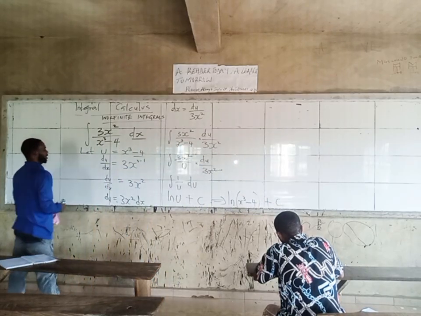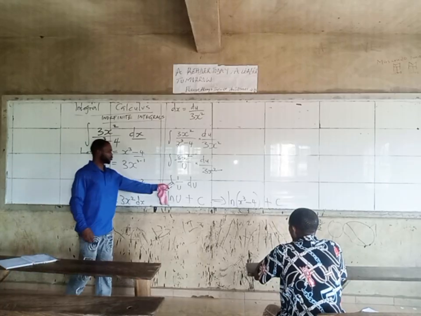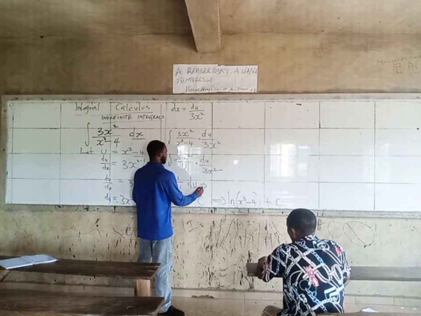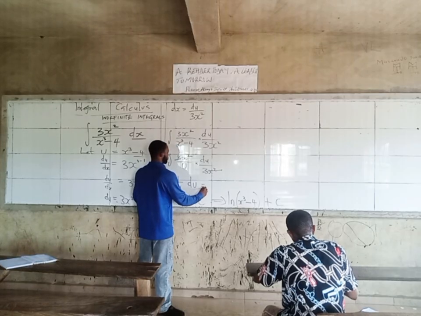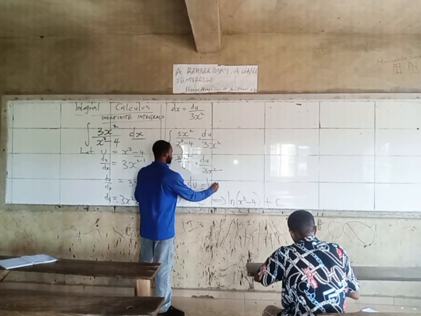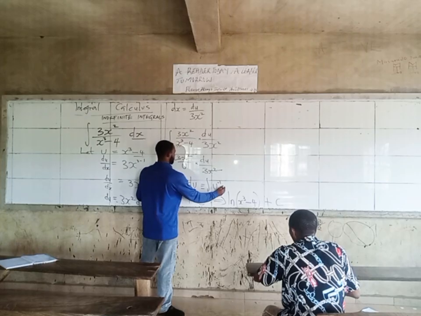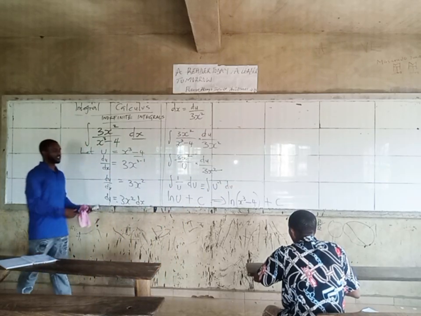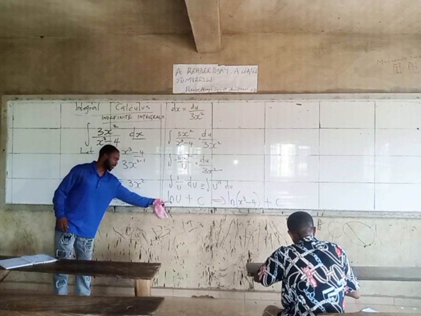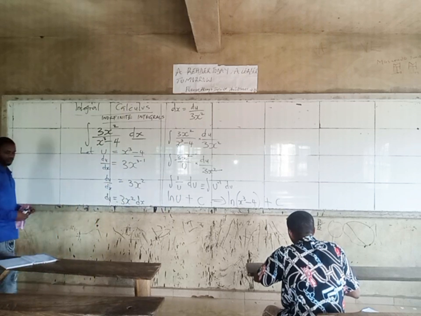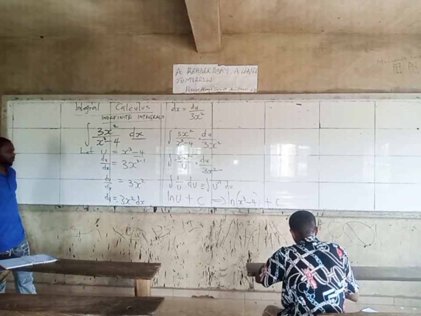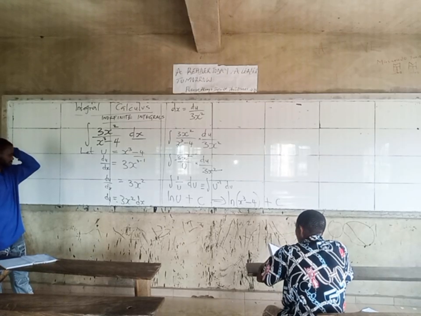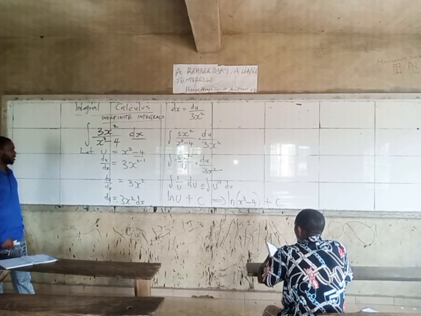Somebody somewhere might choose to say this thing could have been written as the integral of u raised to the power minus 1 du. If you do it like this, it's still valid, but this is the better option. Once you see 1 over a variable, 2 over a variable, that thing is simply ln u, like this.